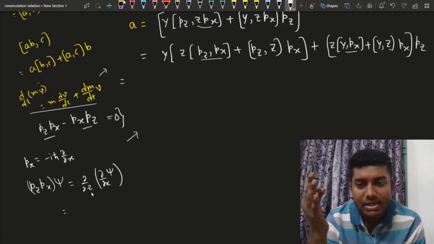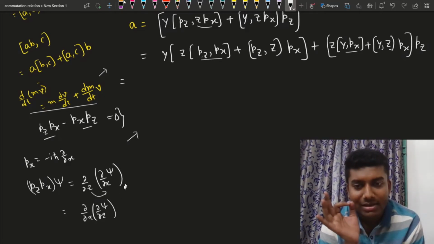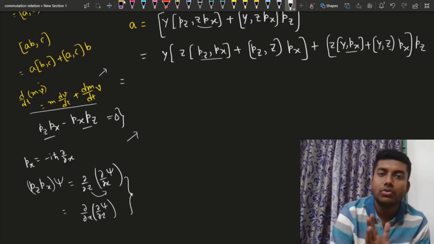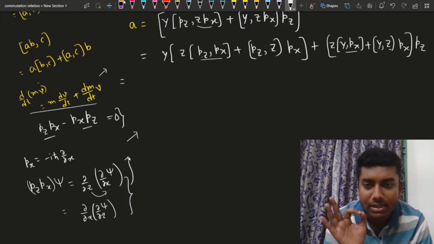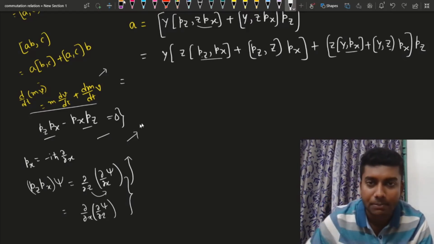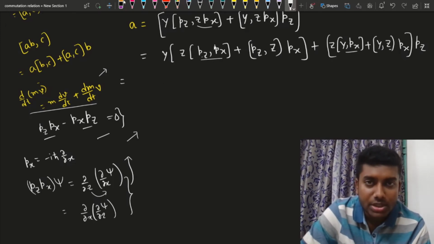So I can just interchange these two, so that means del x of del z of psi. This can be interchanged using the rules of partial derivative. So from here you can easily understand that this relation is true. Then I can just ignore this term, or this term will just be equal to 0.